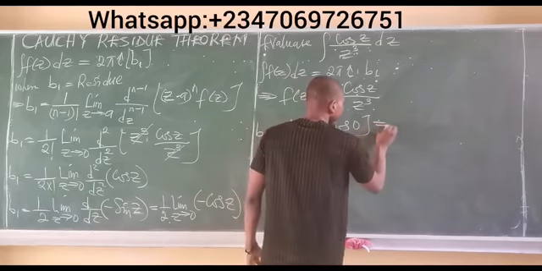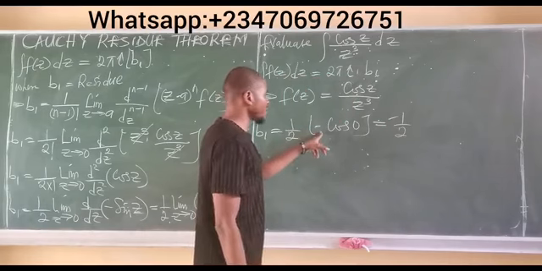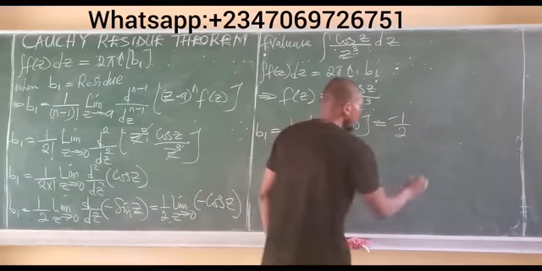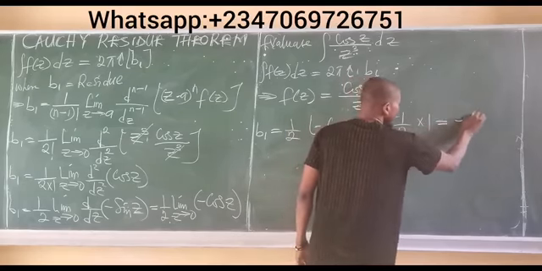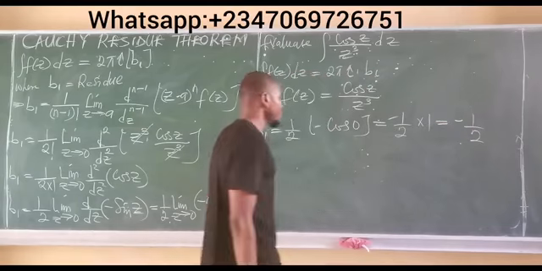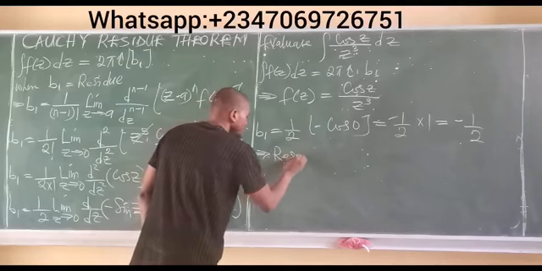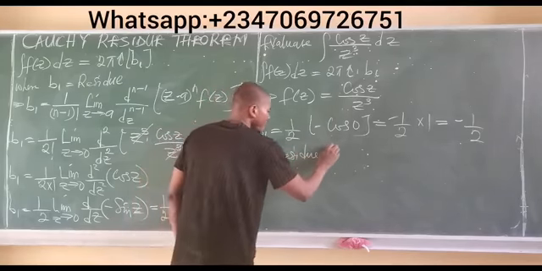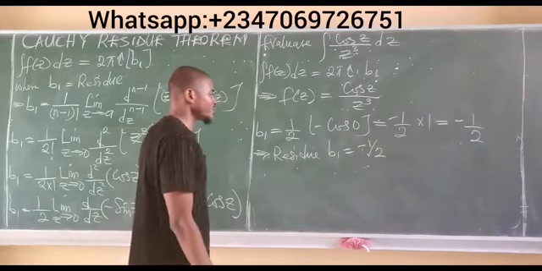Okay, and this is equal to 1 all over 2 or minus 1 all over 2 because of the negative sign. Cos 0 is equal to what? 1. So you have times 1, which also remains minus 1 all over 2. This implies that the residue b1 is simply equal to minus 1 divided by 2.